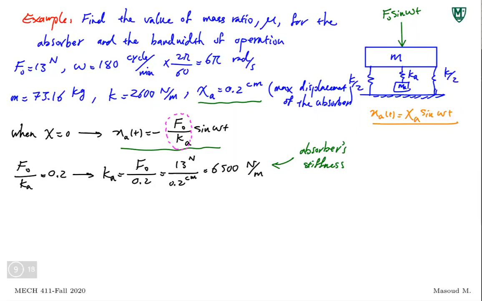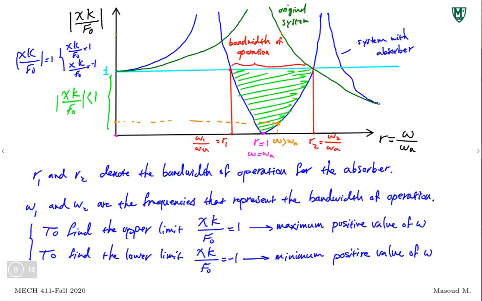Once we know Ka, we know omega A is equal to the square root of Ka over Ma. I can just move things around. Ma becomes Ka over omega A squared. What is omega A? If I'm designing this absorber for this specific frequency, omega A should be equal to omega. You can see it in the graph, right?